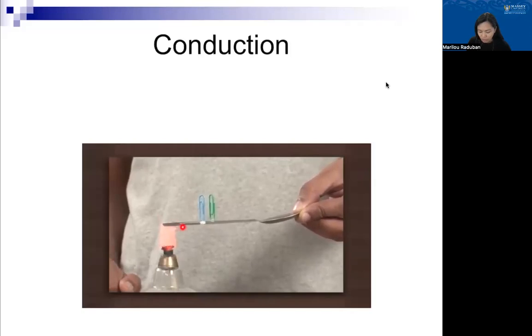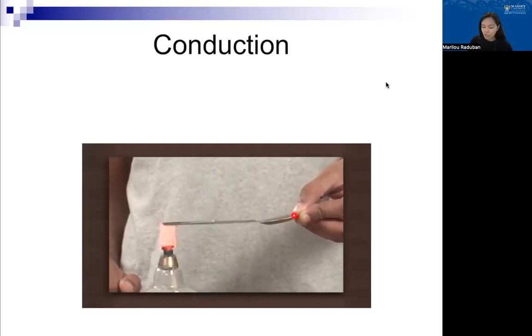So notice how the clips don't fall down all at the same time, rather they fall down in sequence, showing you that the heat is being transferred gradually from this point. And after some time, the person's fingers will feel the spoon becoming hot at this far end.